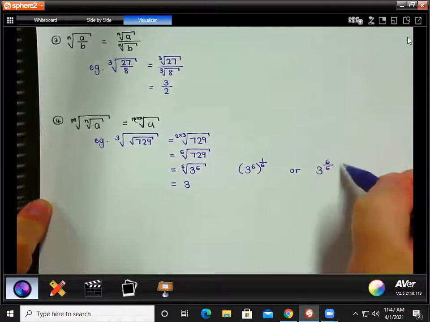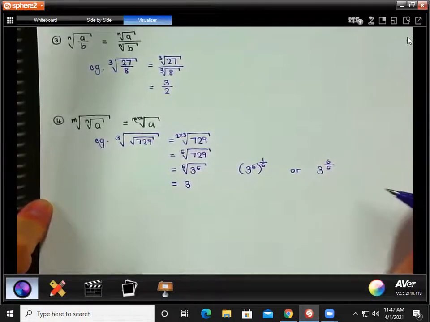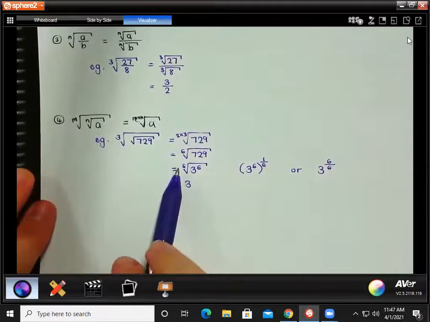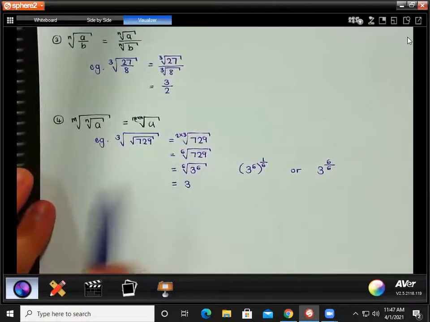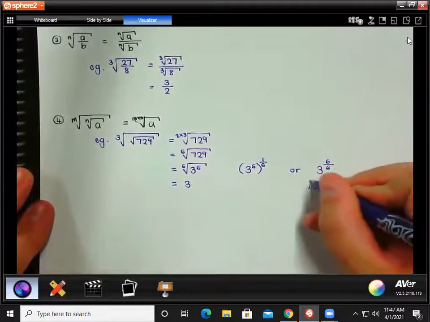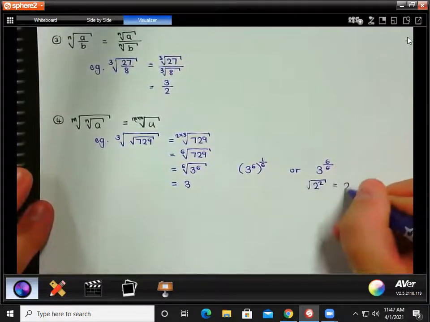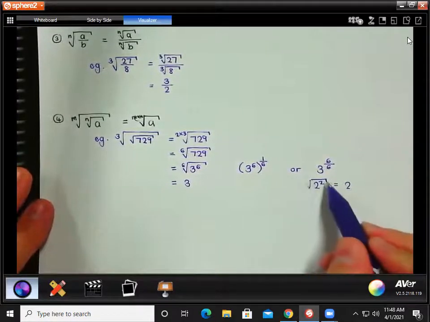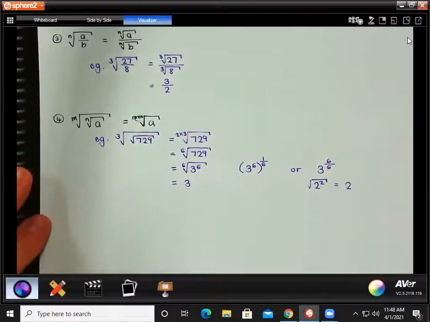And what is 6 over 6? Just 1. Okay, so that's why they actually cancel each other out. But you can just remember that if you have the same number there and in the exponent, they will cancel each other out. Right, it's like taking the square root of 2 squared. I'm sure we all know that that is 2, hey? Because the square root and that exponent of 2 will cancel each other out.